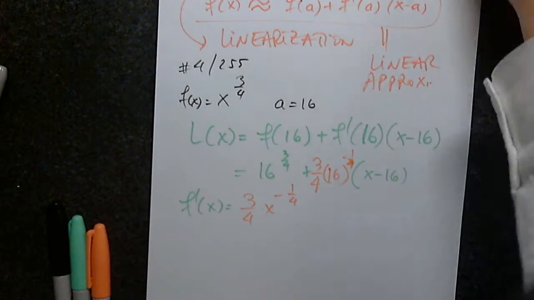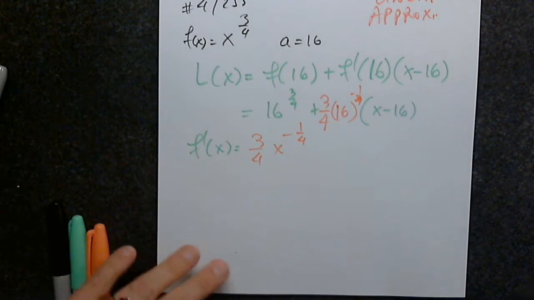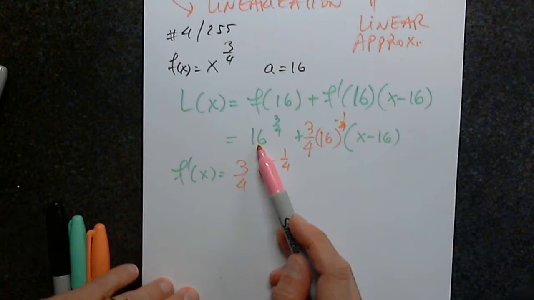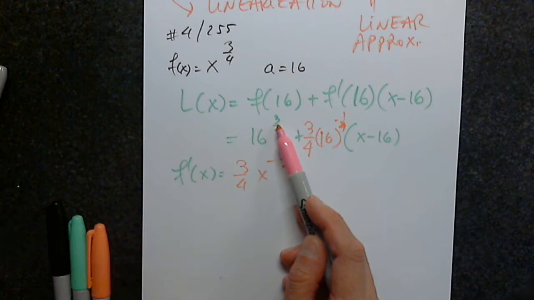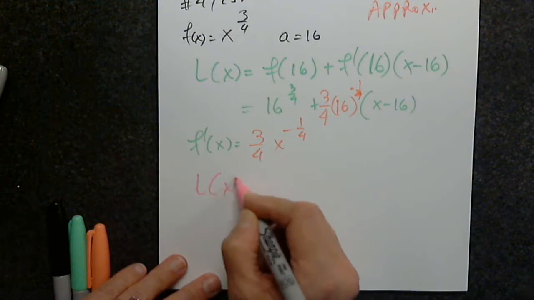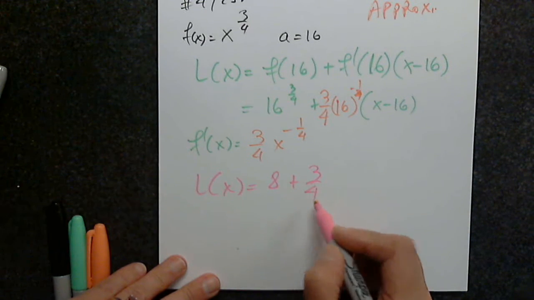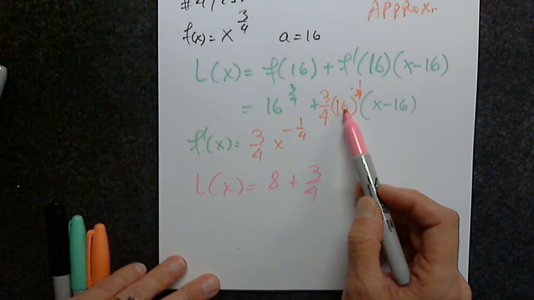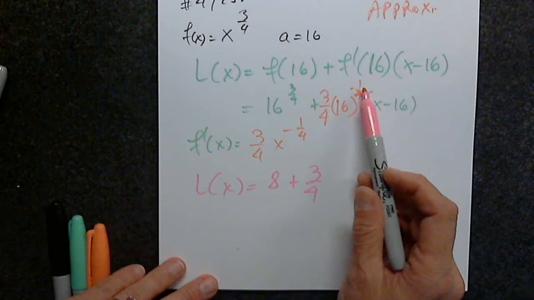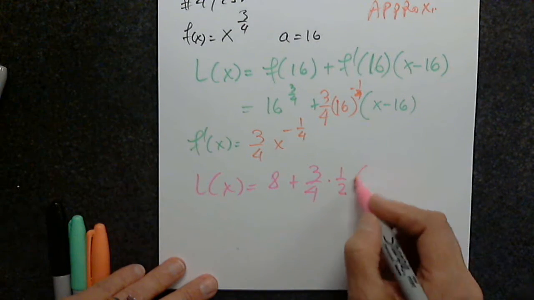Okay. So then, the 4th root of 16 is 2, and 2 cubed is 8. So L of x equals 8 plus 3/4 times 16 to the negative 1/4. The 4th root of 16 is 2, but it's 2 to negative 1, which is 1/2.